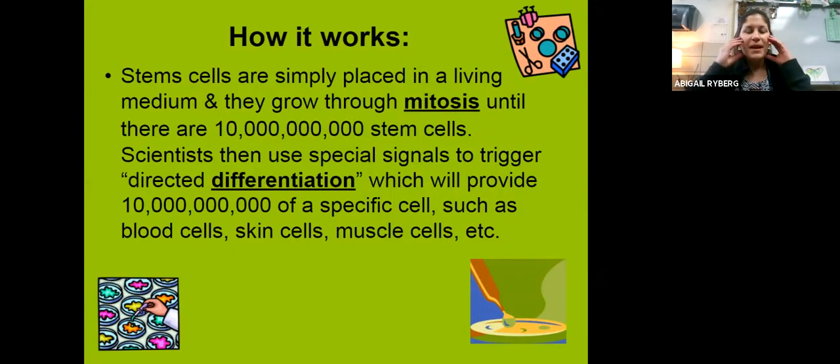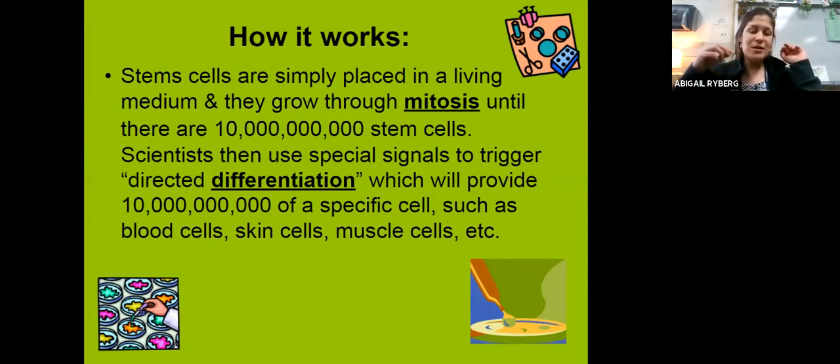Okay, so how it works is typically stem cells are placed in a living medium, like a petri dish. Imagine that they're plopped in a location where they can live and survive and thrive. And they go through mitosis. We let them go through mitosis until there are lots of stem cells, like a huge clump of stem cells.